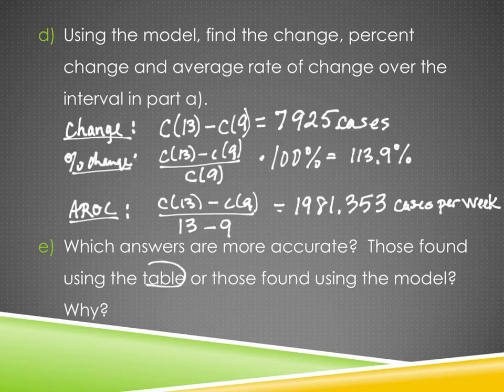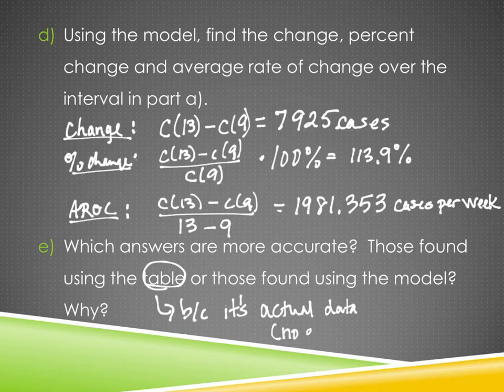The table is more accurate because it's actual data. There are no estimations or approximations. Does that make sense?